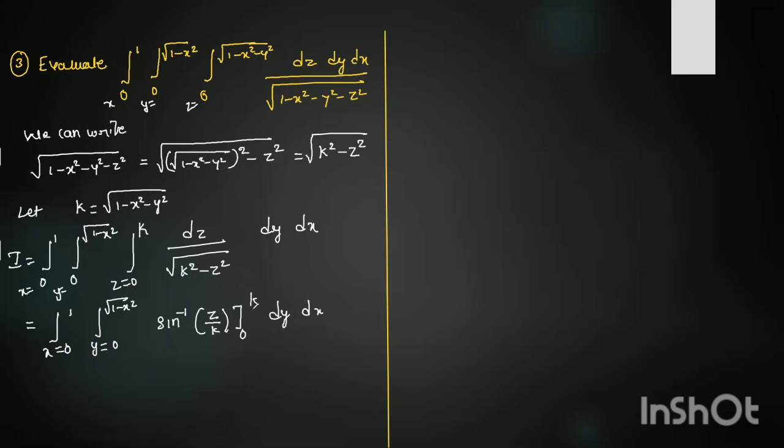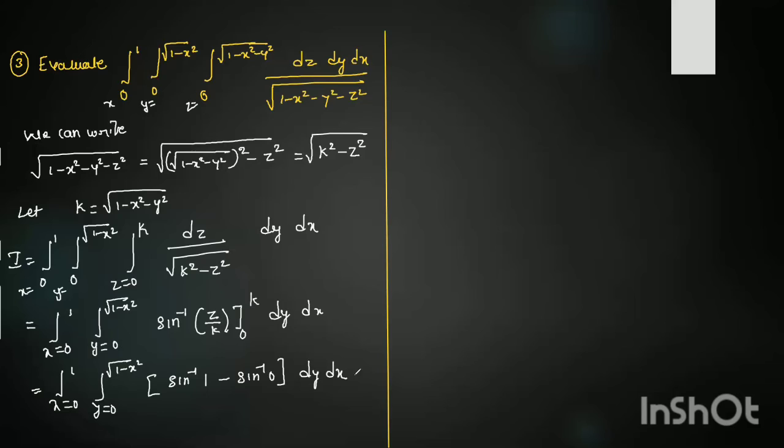Now let us substitute these limits. It is the integral of x from 0 to 1, and the integral of y from 0 to square root of 1 minus x square. If I substitute in terms of z, k, it is sine inverse k by k, so sine inverse 1 minus, if I substitute z as 0, sine inverse of 0.